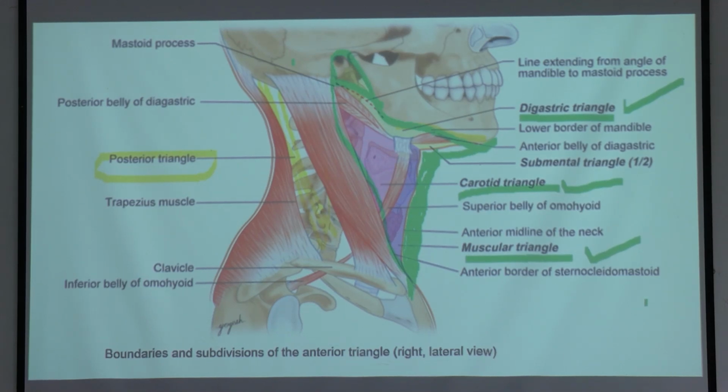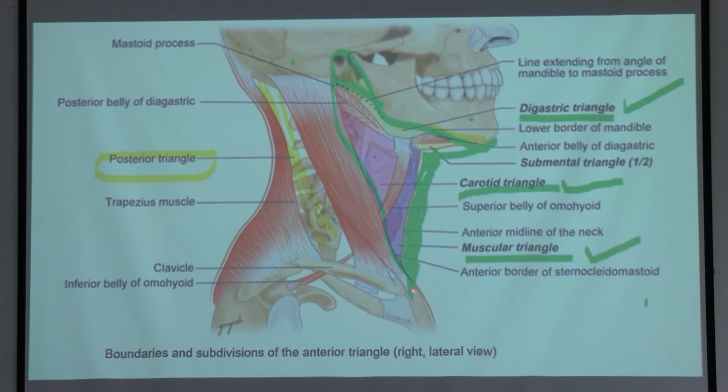The muscles are present, and also we can get the lower part of the larynx and upper part of the trachea, lower part of the pharynx and upper part of the esophagus. So that area is related to some muscle. So this triangle is called the muscular triangle.